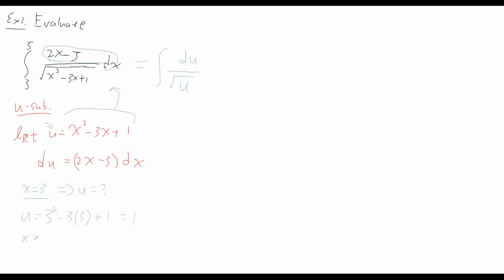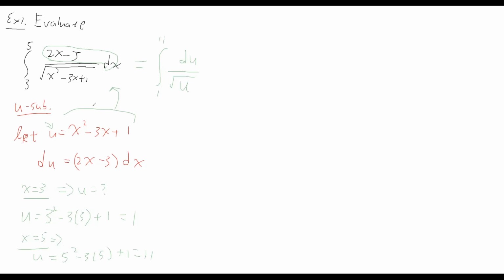When x is 5, u is equal to 5 squared minus 3 times 5 plus 1, that's 25 minus 15 plus 1, which is 11. So after u sub, the bounds go from 1 to 11.